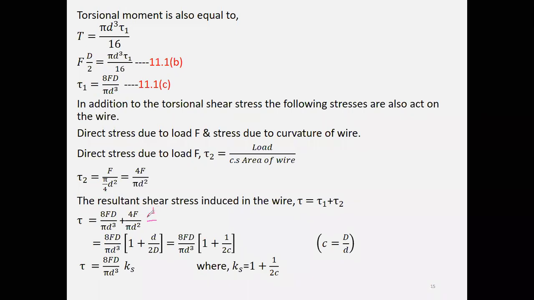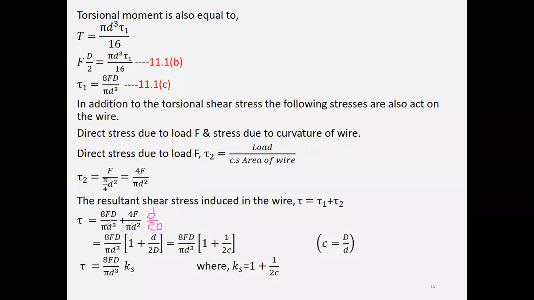Because once again you should get the original one once you take it outside. Now it is pi d cube. Whereas here I am going to take 8 outside, but here only the term 4 is there. For that reason, if I take 8 outside, I need to divide it by 1 by 2. Whereas here the capital D term is there, and here capital D is not there. What I will do, I will take capital D.